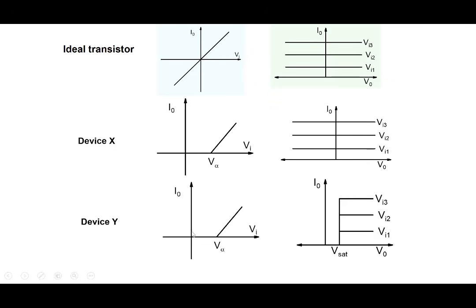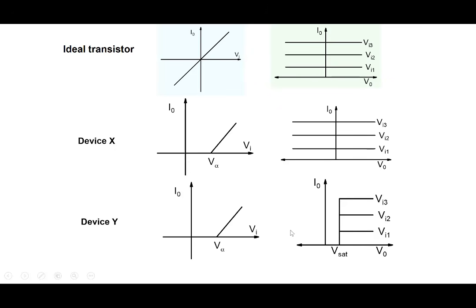So we now have two non-idealities: one in the I0 versus Vi characteristics, and one in the I0 versus V0 characteristics. And the issue is, if we are given a device like this, how do we build an amplifier? The reason we are doing it is that device Y is quite close to how a MOSFET looks. So a MOSFET would have something looking like this.